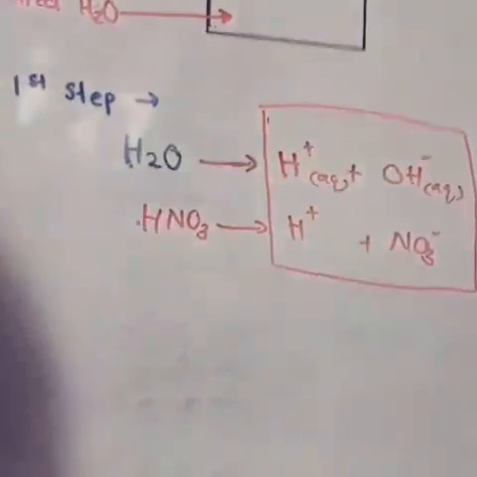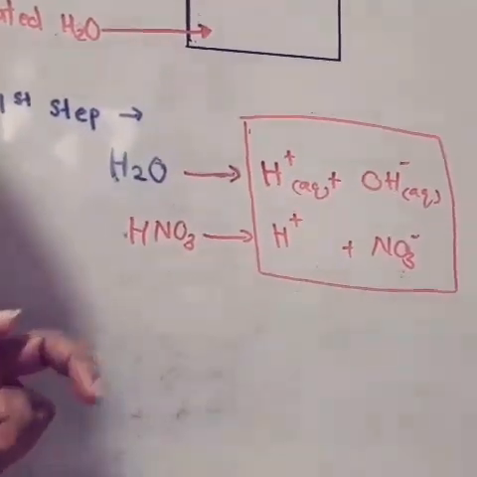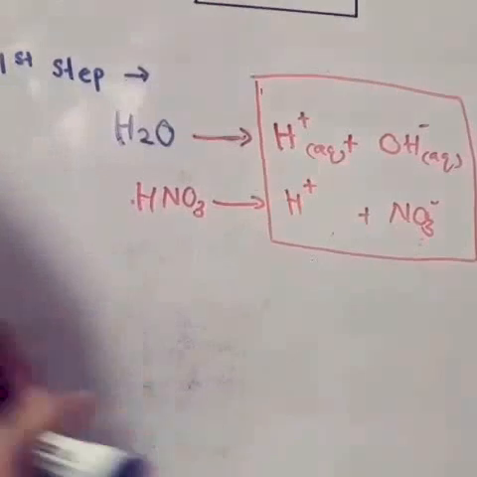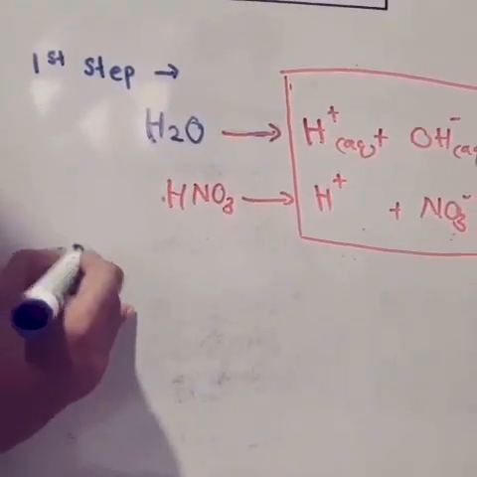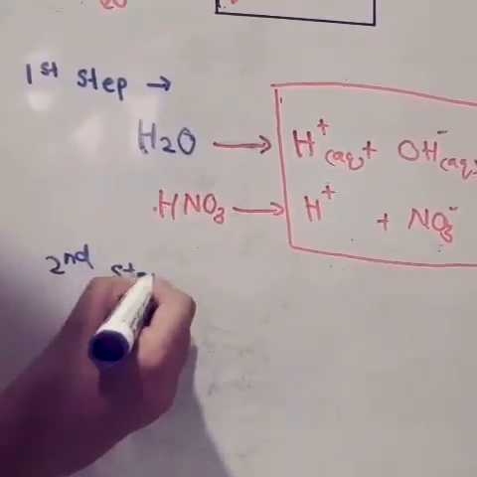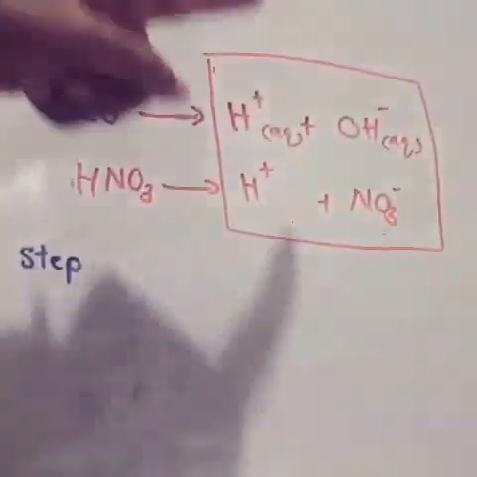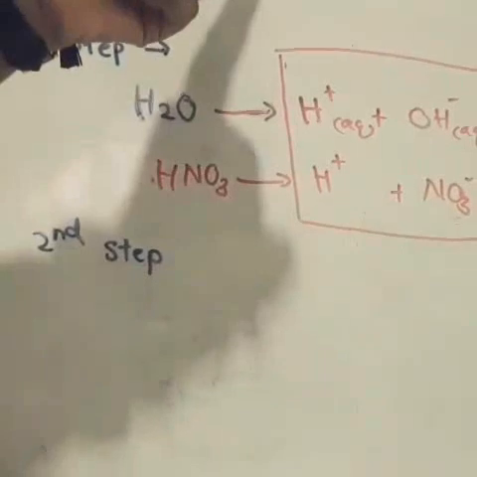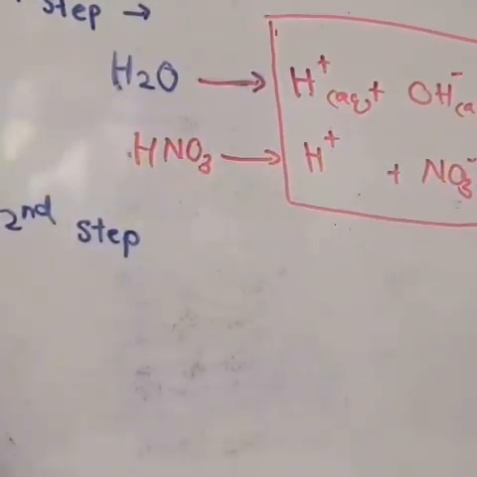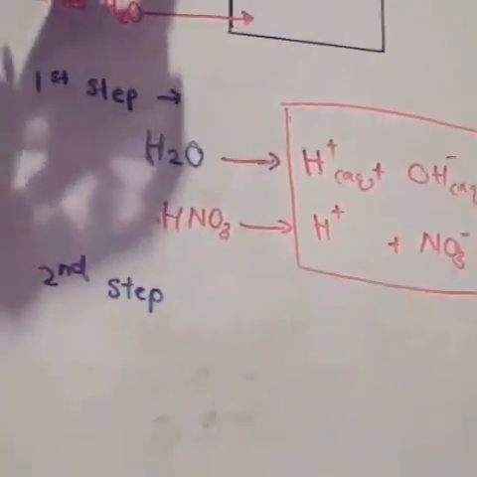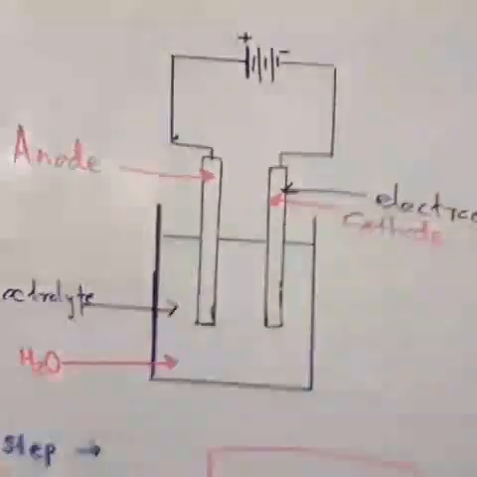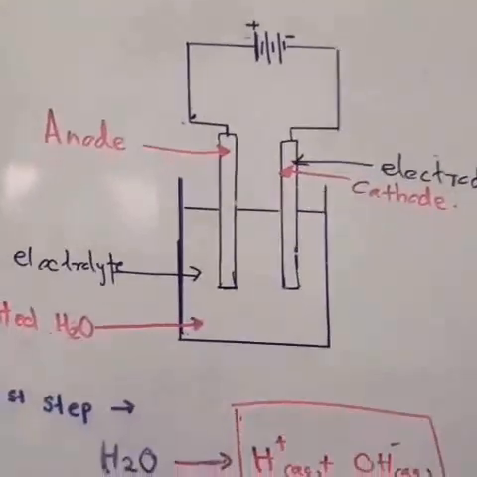First of all, we have identified the ions in the solution. The second step is to know which of these ions will move to the anode and the cathode. Look at the anode. The anode is connected to the positive terminal.